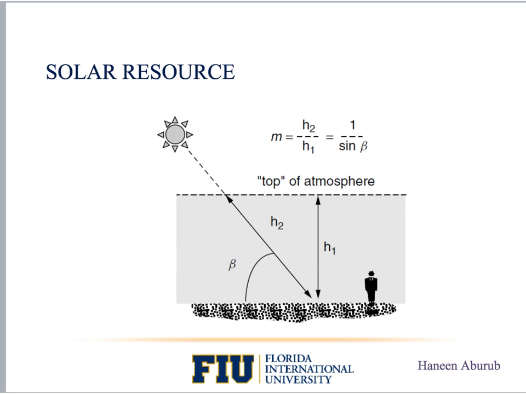In this slide we can see again the definition of air mass ratio, H2 over H1, where H1 represents the shortest path and H2 represents the path that the sun rays will take in order to reach the Earth's surface. And beta here is our altitude angle.